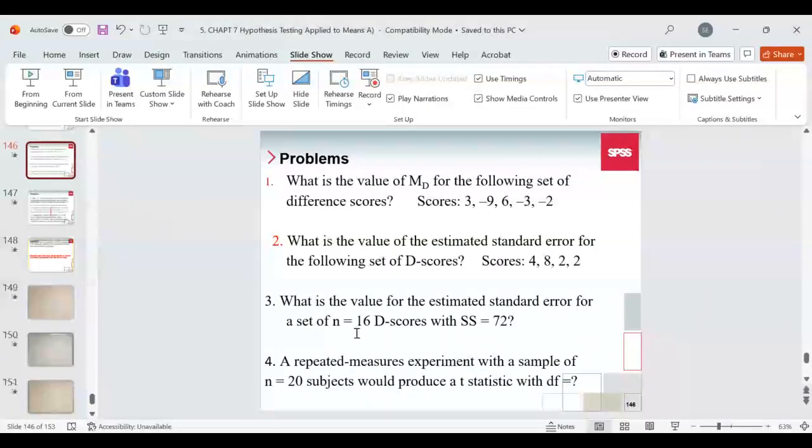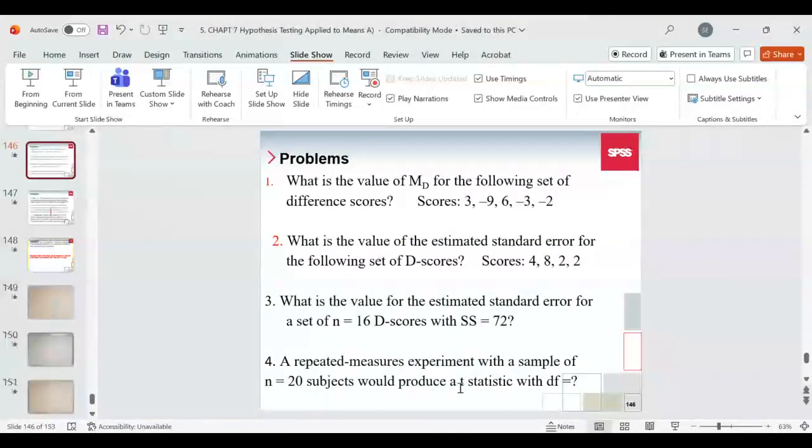That gives you the value for the variance. And estimated standard error is square root of variance over N. N is 16. Let me know if you have any problem with any of these problems. Just copy it, send it to me, and I'll explain it to you.